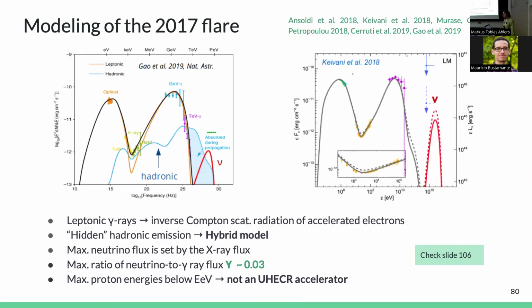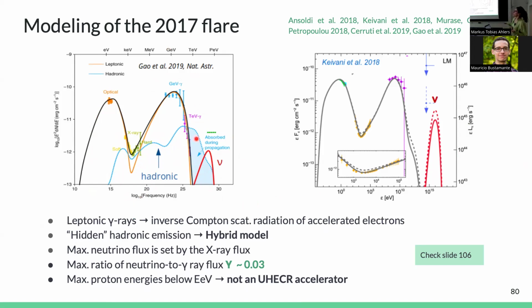But in the end, different groups ended up with the same solution: in order to explain the observed photon energy distribution and at the same time produce neutrinos in the specific energy range of that event, you cannot make it without assuming that the hadronic electromagnetic component is subdominant, as you can see here. And all the rest of the electromagnetic radiation is attributed to processes of accelerated electrons in the jet.